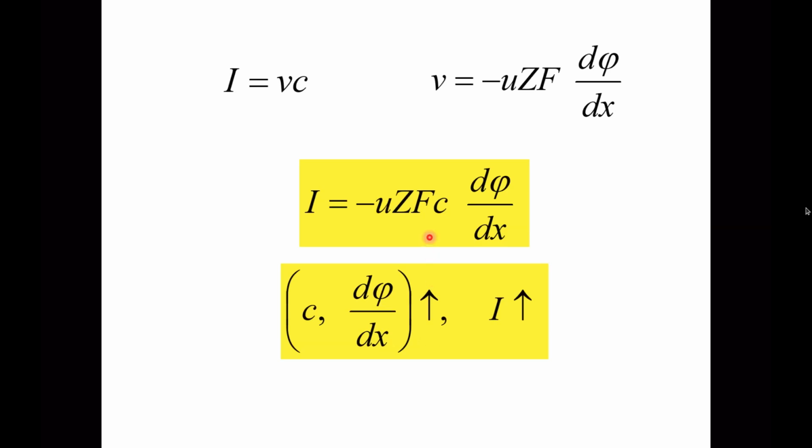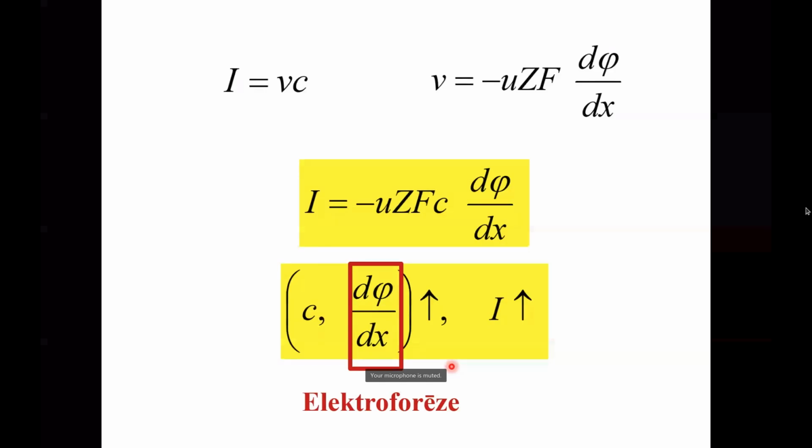We apply the electrical field and deliver a high concentration within the human organism, through the skin for instance. Is the idea clear? This procedure is named electrophoresis. Is this clear to you?